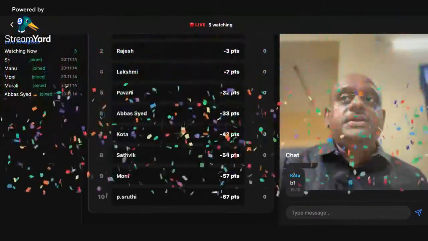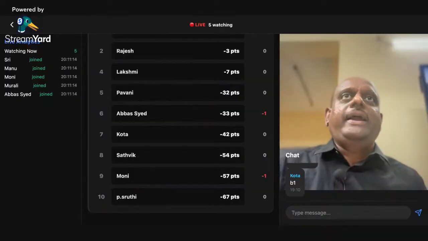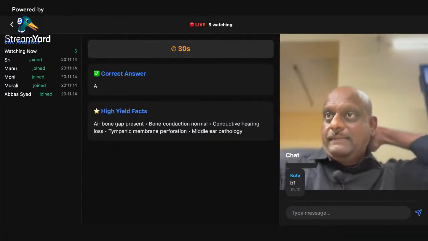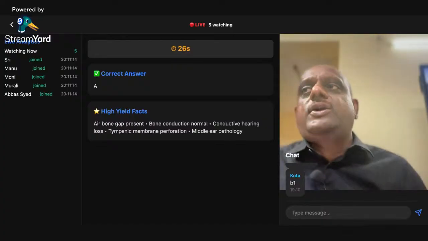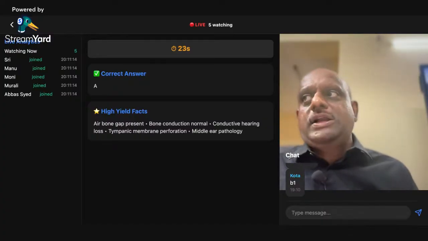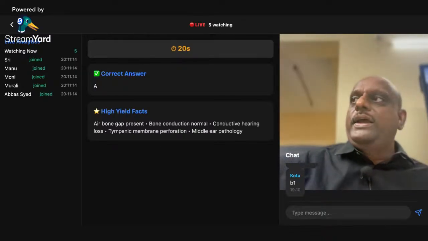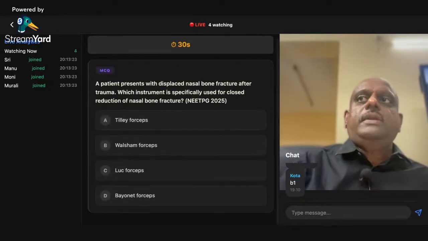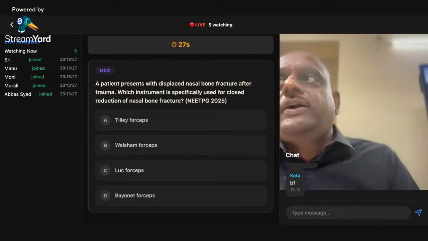So it is conductive hearing loss. Why? Air-bone gap is present, but bone conduction is normal. So it is a middle ear pathology. Tympanic membrane perforation is there. That's the reason.